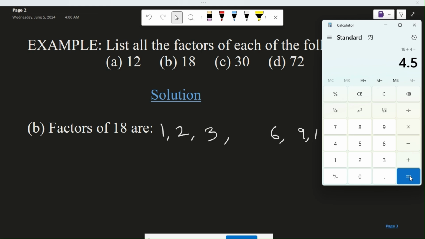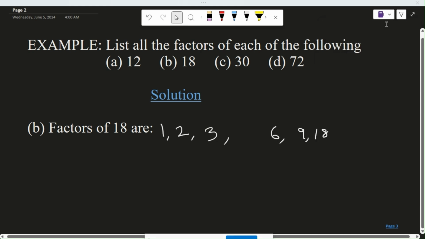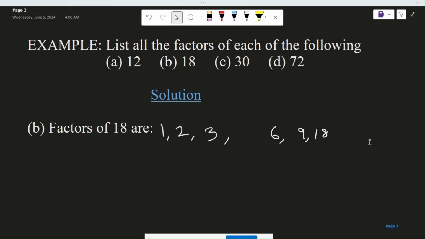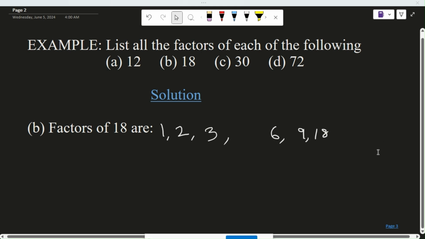It has a decimal part, and that is 0.5. As you can see on your screen, 0.5. So 4 cannot go exactly in 18. Now if you consider 5, 5 also will not go exactly in 18.